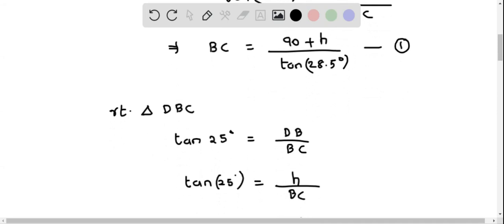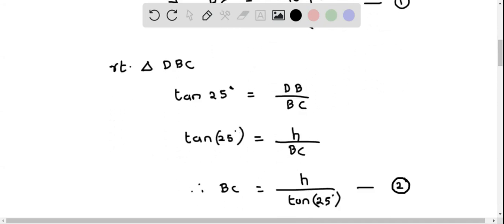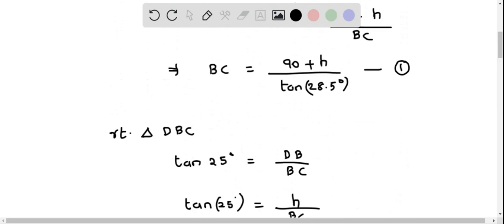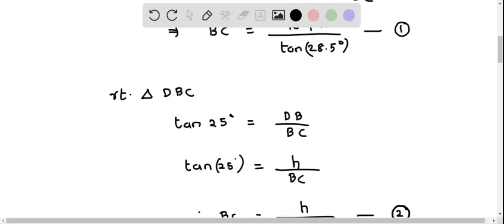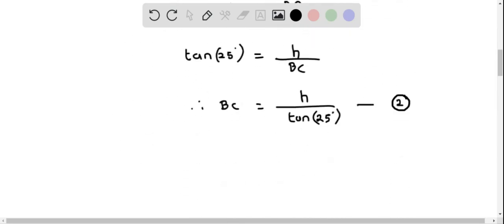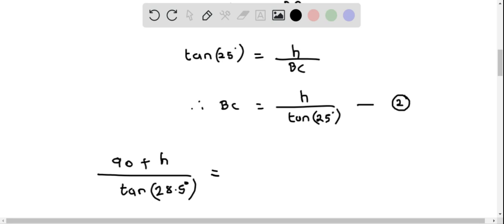And that means the right side expressions will also be the same. So first let me write the right side expression for equation 1, which is 90 plus H divided by the tangent of 28.5 degrees, and this must equal the right side expression of equation 2, which is H over the tangent of 25 degrees.